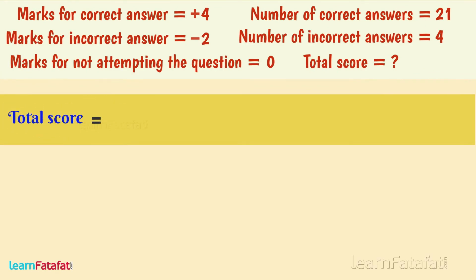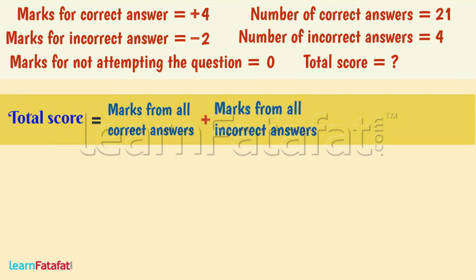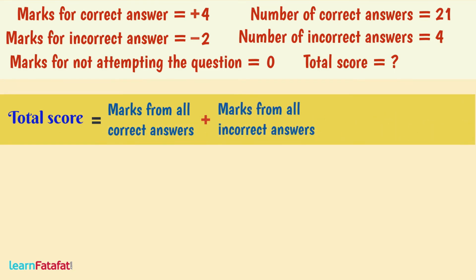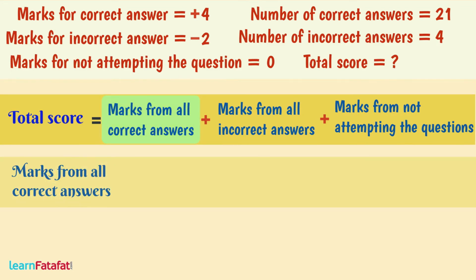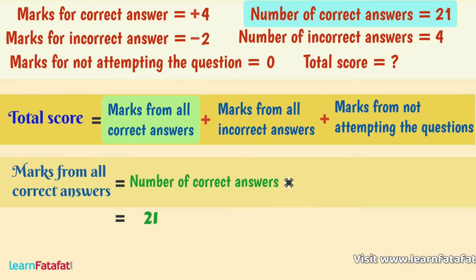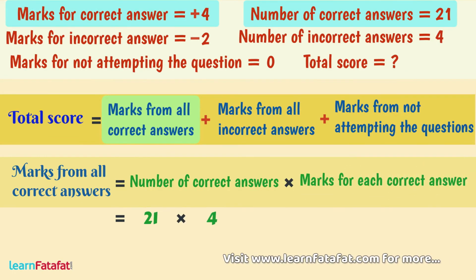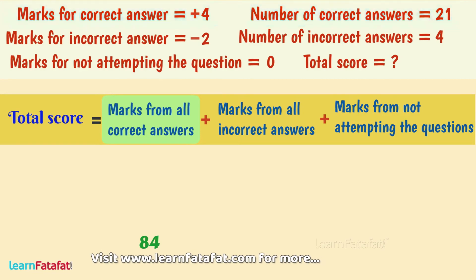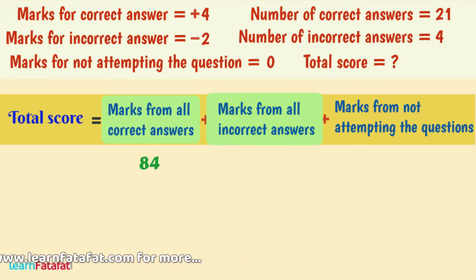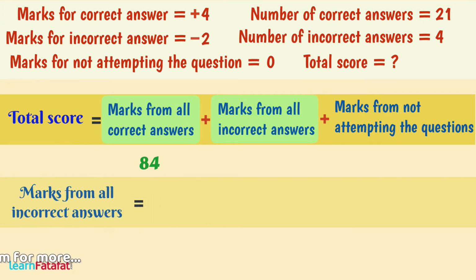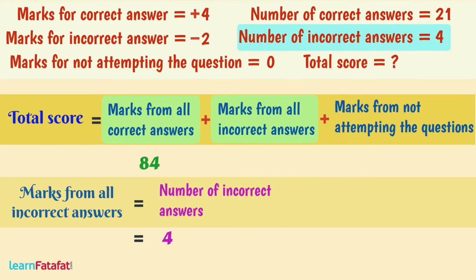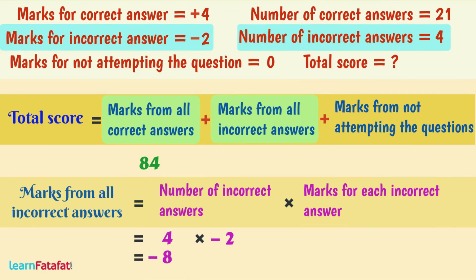The total score will be sum of marks obtained from all correct answers, marks obtained from all wrong answers, and marks from not attempting the questions. Marks from all correct answers is equal to number of correct answers multiplied by marks for each correct answer. Similarly, marks for all incorrect answers is equal to number of incorrect answers multiplied by marks for each incorrect answer.